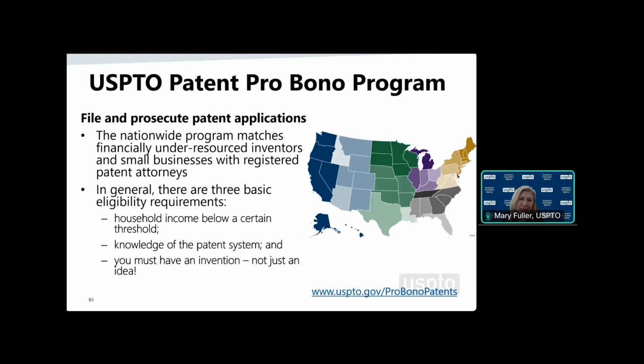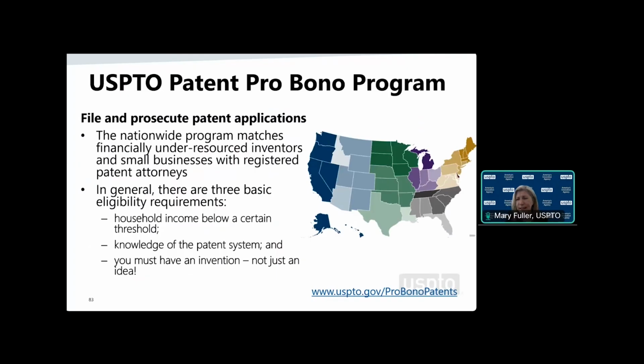So here's an interesting thing. You see how California is dark blue? Please note that other states are also dark blue. Oregon, California, Nevada, Alaska, and Hawaii are all served by a pro bono organization called California Lawyers for the Arts.